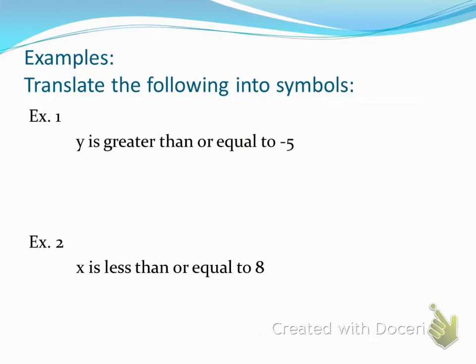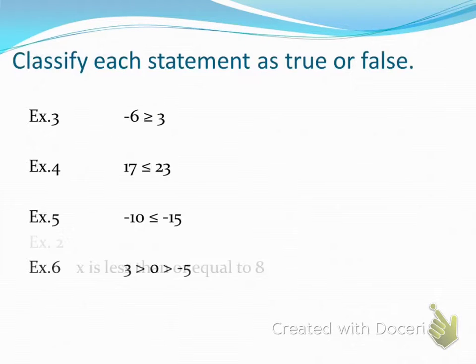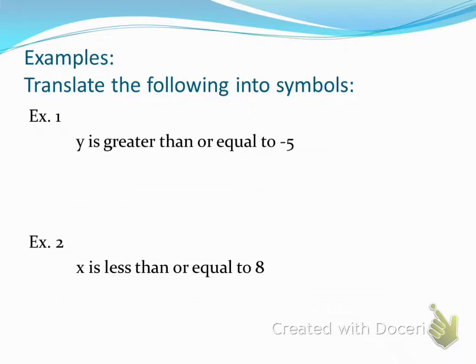So example 1 says y is greater than or equal to negative 5. So I'm just going to go in order. Y is greater than or equal to. So we've already talked about the greater than symbol being this inequality.